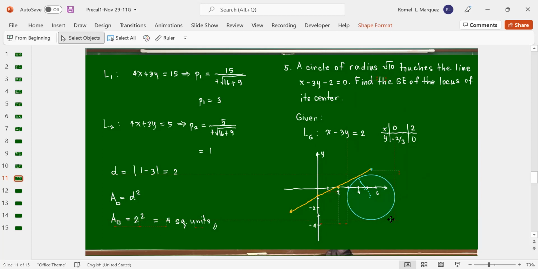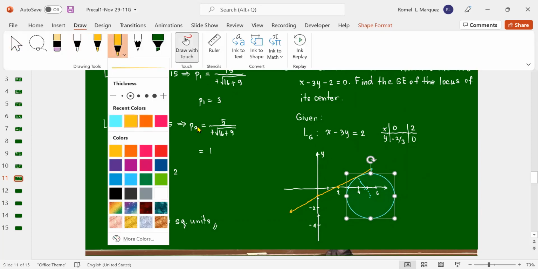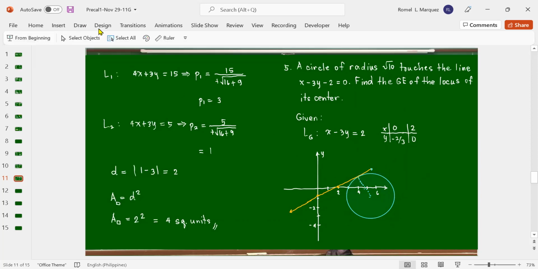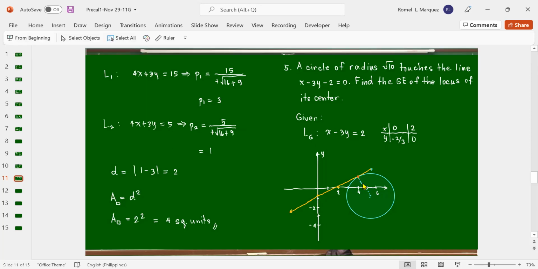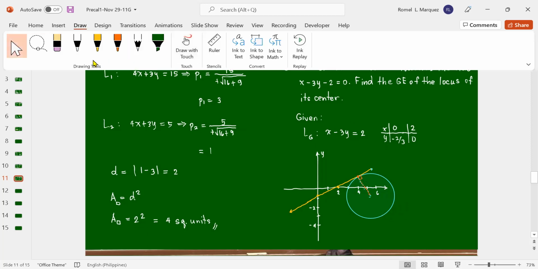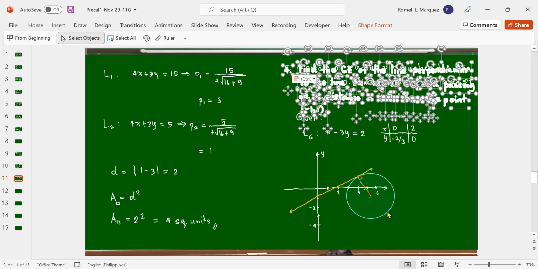Square root of 10, okay? So approximately like that. And touching the line, okay? So at the point of tangency, of course, the radius is perpendicular. Here. So this radius is perpendicular. And of course, that is not the only possible location. No? I can have another one here.